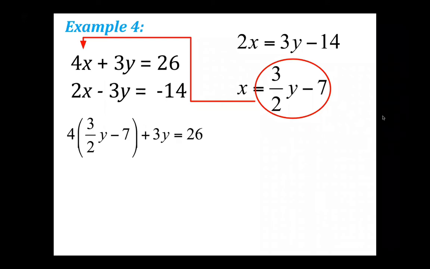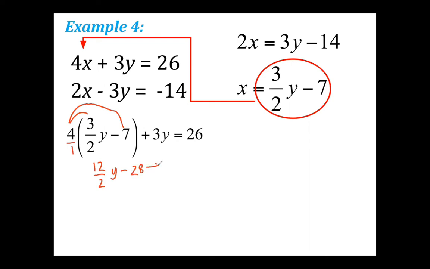Now we can start simplifying our equation. First step, I'm going to eliminate the parentheses by distributing 4 to this expression inside the parentheses. So that would give you 4 times 3, which is 12, over 2y minus 28.